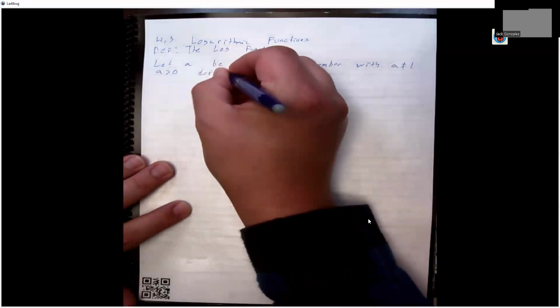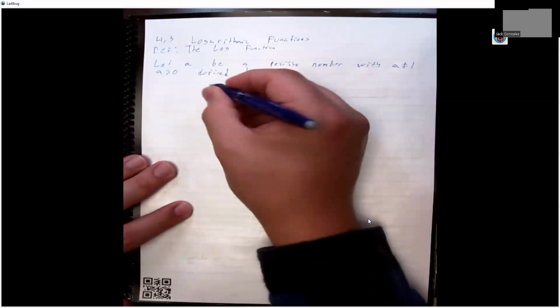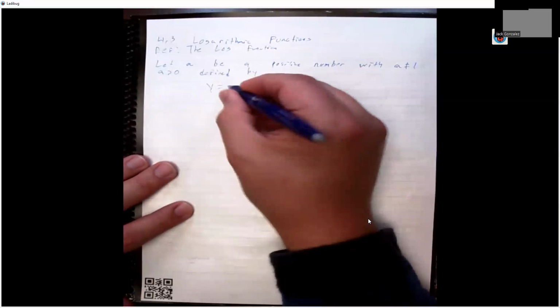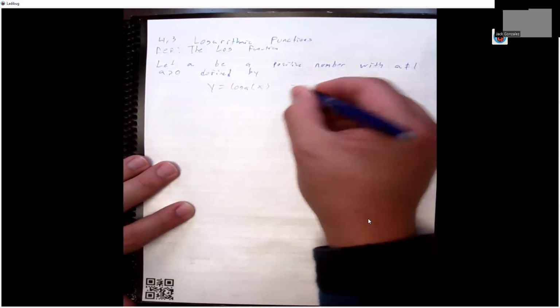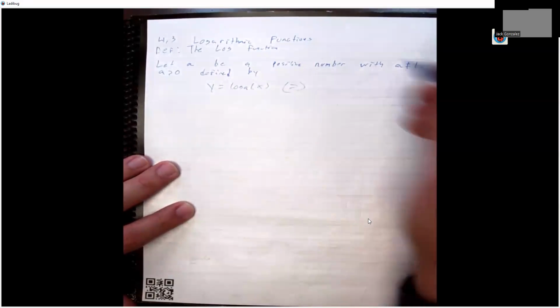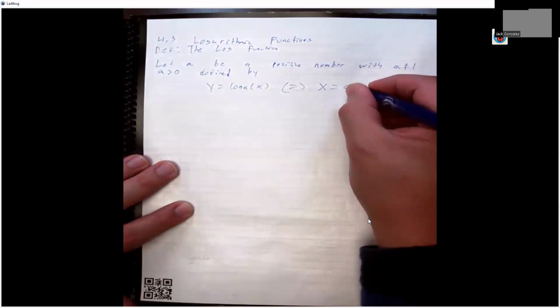Defined by the following: y equals log base a of x. I'm sure this is familiar. You can rewrite this as x equal to a to the y.